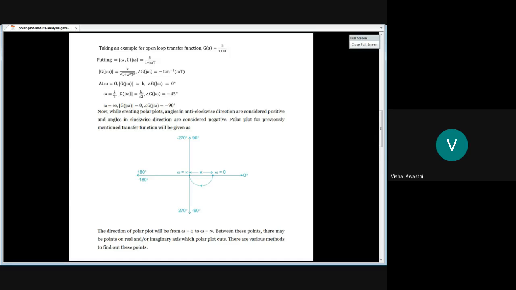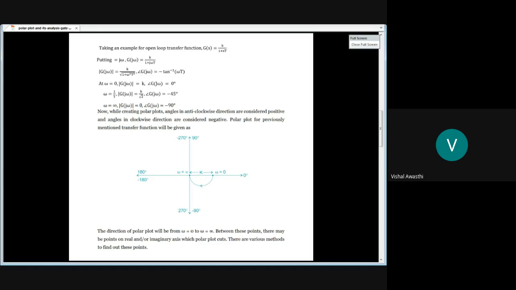This is a very simple one, but how to draw this plot on a single graph, just see on your screen. Now you know the different positions of your angle along with your different axes.